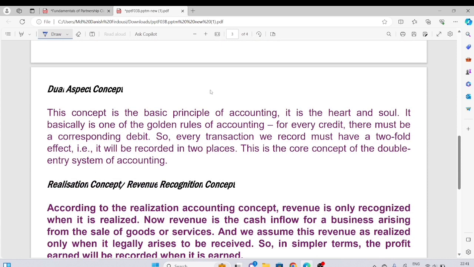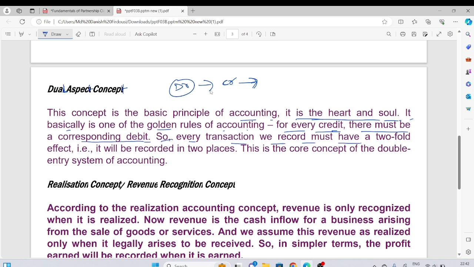Now the dual aspect concept is very simple. As you know, accounts have two aspects, we are studying the double entry book system. So here are two aspects. First one is debit and second one is credit. According to this concept, the basic principle of accounting is the heart and soul. It is basically one of the golden rules of accounting: for every credit, there must be a corresponding debit.